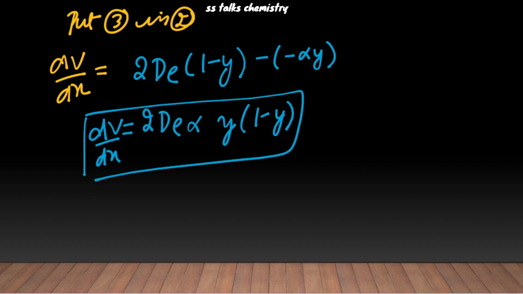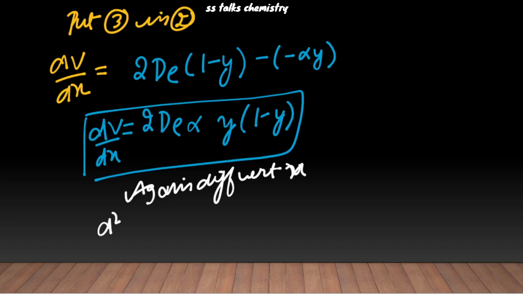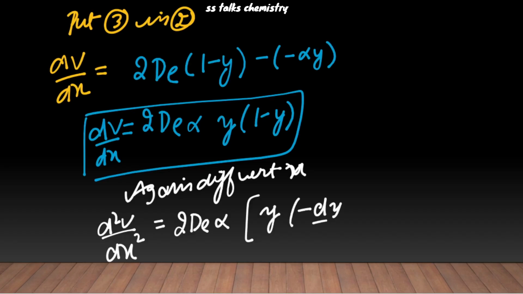Now again do the differentiation. Again differentiate it with respect to the x only. So we will be getting d square v by the d of the x square. It will be 2dE into the alpha. It is your constant, so they are taken outside. Now first function as it is, that is y. Differentiation of the second, it will become minus of the dy by the dx plus of the second function as it is, differentiation of the first one.